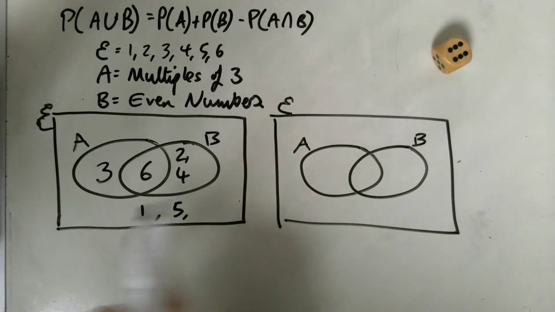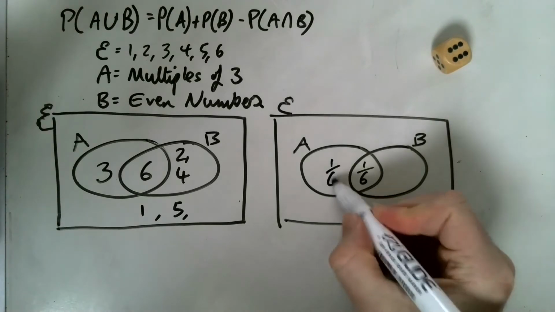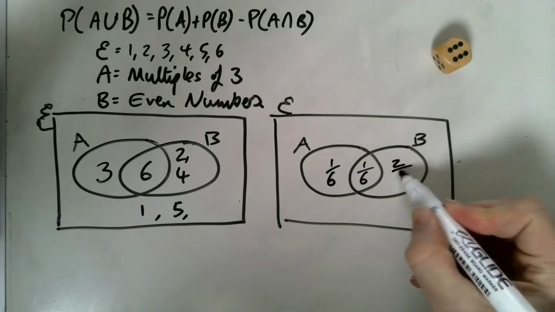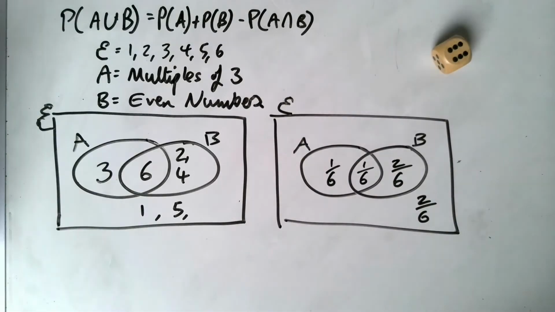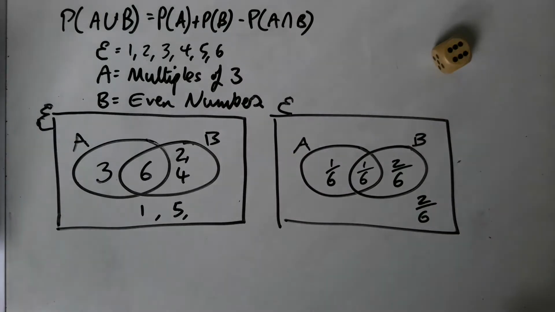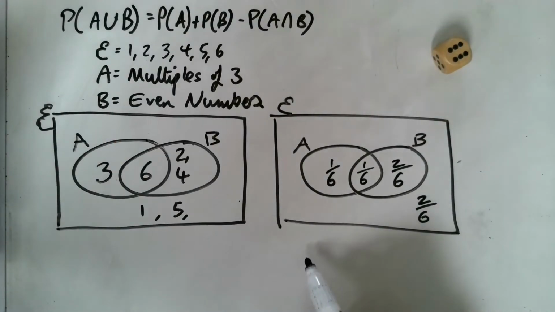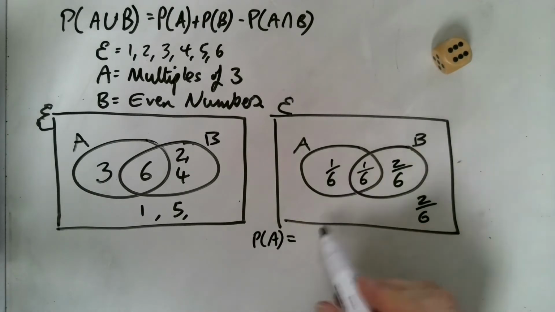So now I could transfer this into a probability Venn diagram, saying I've got a 1 in 6 chance there, a 1 in 6 chance there, a 2 in 6 chance there, and a 2 in 6. I'm not going to bother simplifying them, so we've got the same denominator. Now, what's going on here? What we're saying is I know the probability of A is 1/6 plus 1/6.